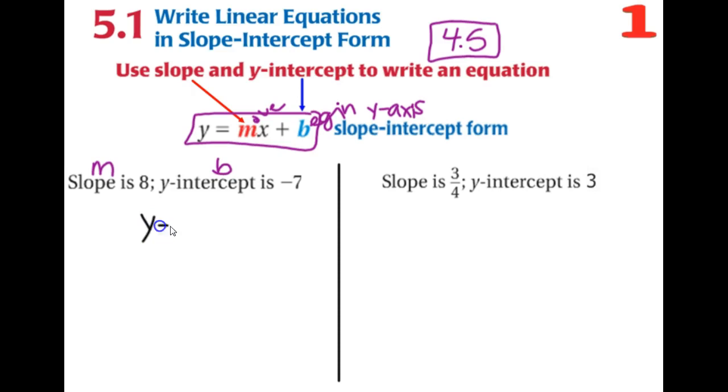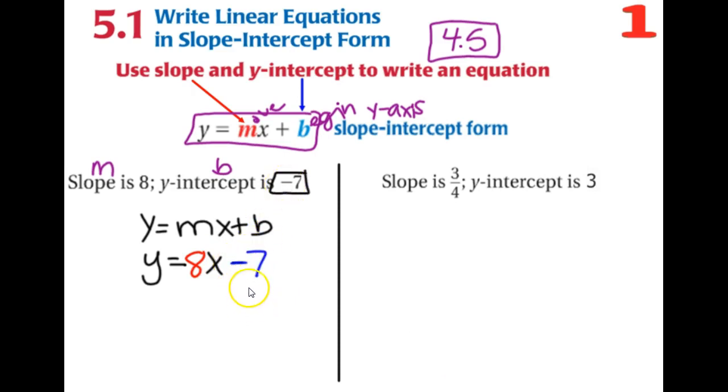We can write an equation in the form y equals mx plus b. So it would be y equals m, which is our slope, which is 8, x, and then plus b, or minus b. In this case, b is a negative, so instead of a plus, it's really just going to be a minus, and b is 7, so negative 7.